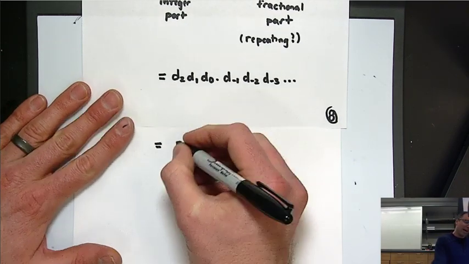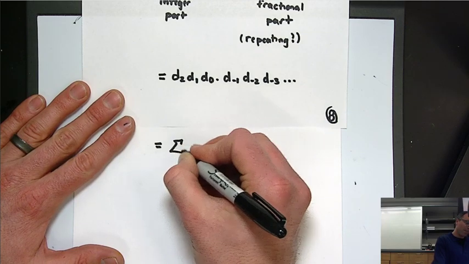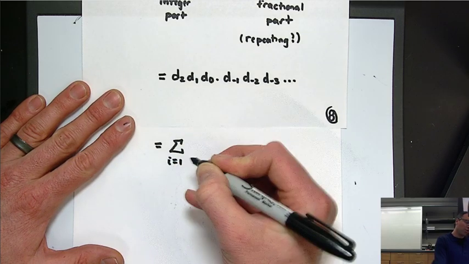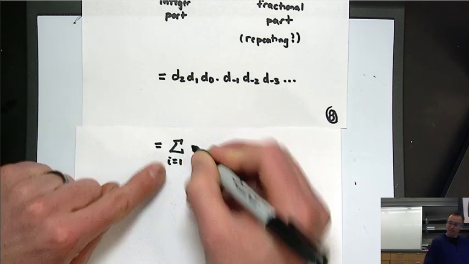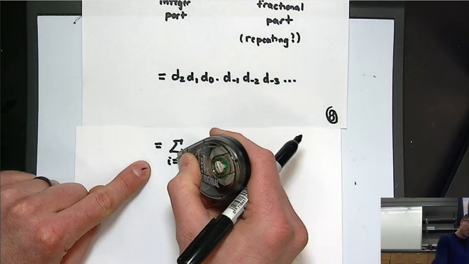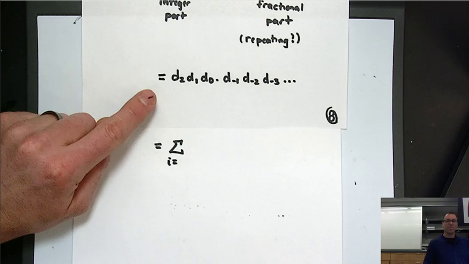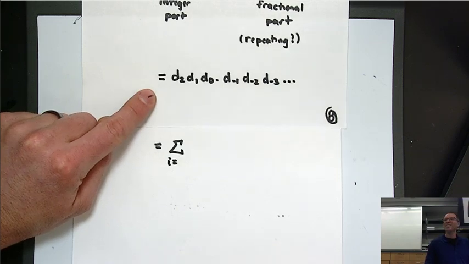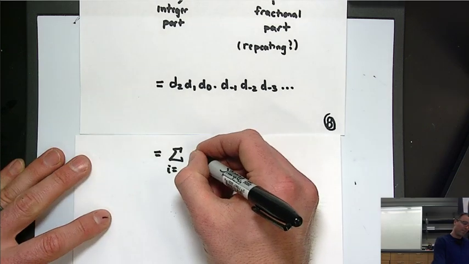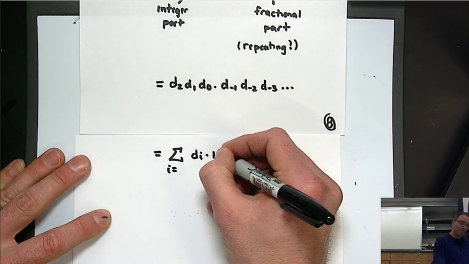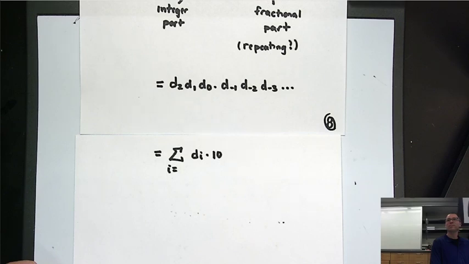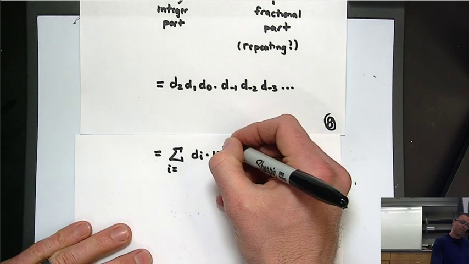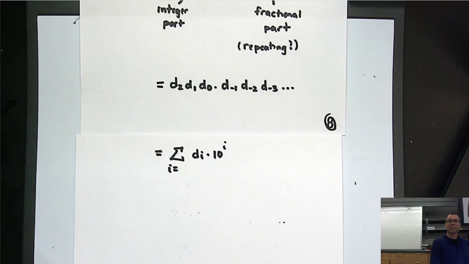Let's go ahead and look at the sum from i goes from 1 to, excuse me, this one's kind of interesting, isn't it? How would we write this? What is the upper bound for that sum? 2.